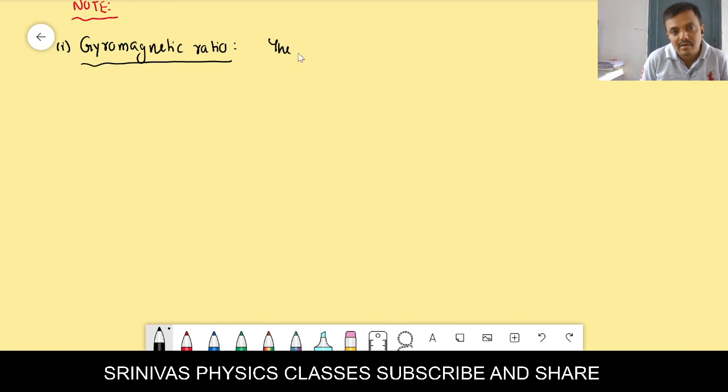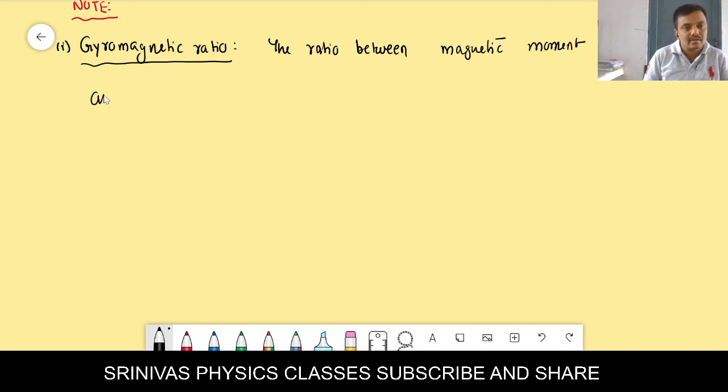The ratio between magnetic moment and angular momentum is called gyromagnetic ratio.